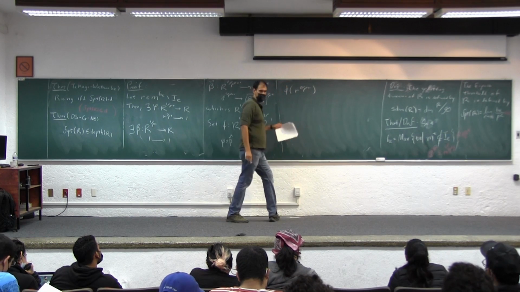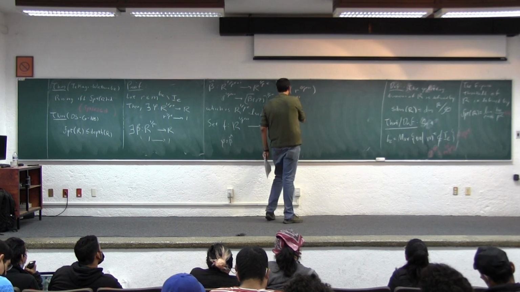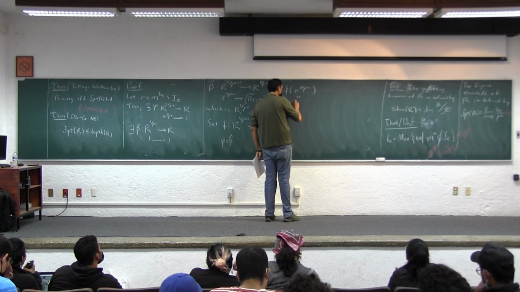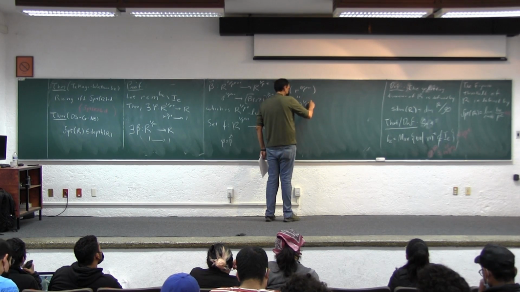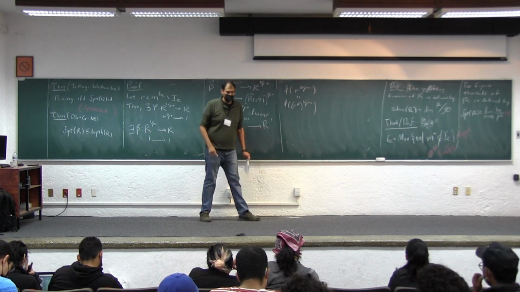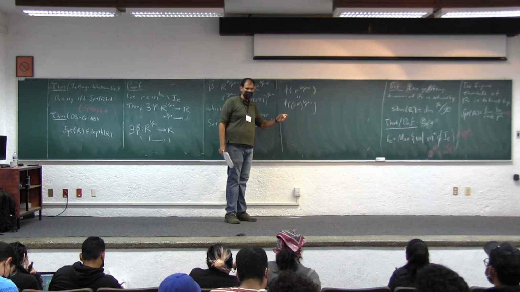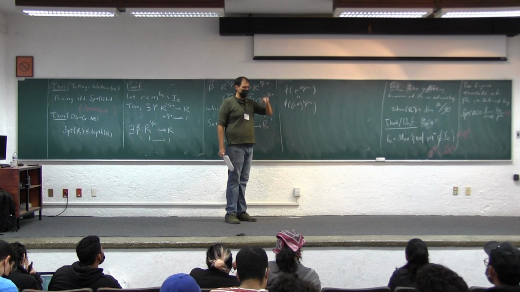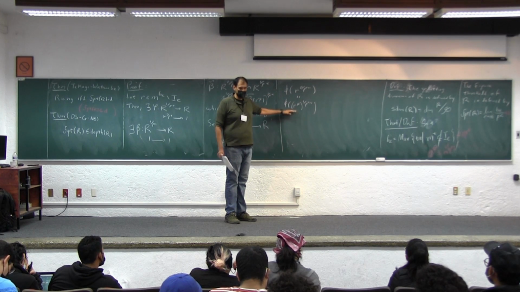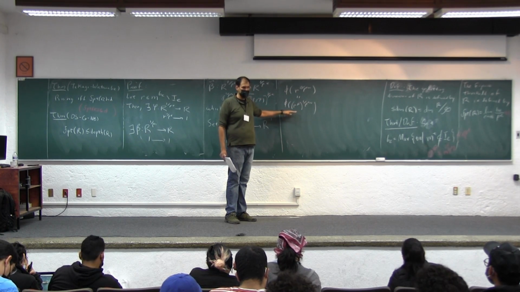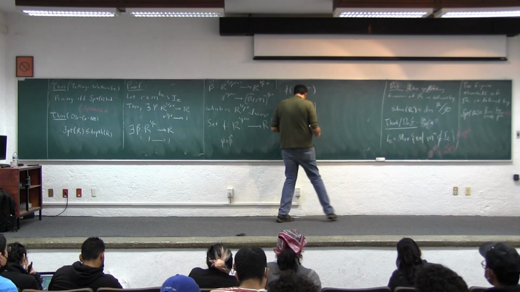Okay? So remember, this is just phi of R to the P 1 over P to the E plus 1. No? What I want to see is that R to the P is outside E sub E plus 1. That's kind of what I want to see that this element goes to 1. Okay, so let's do it.